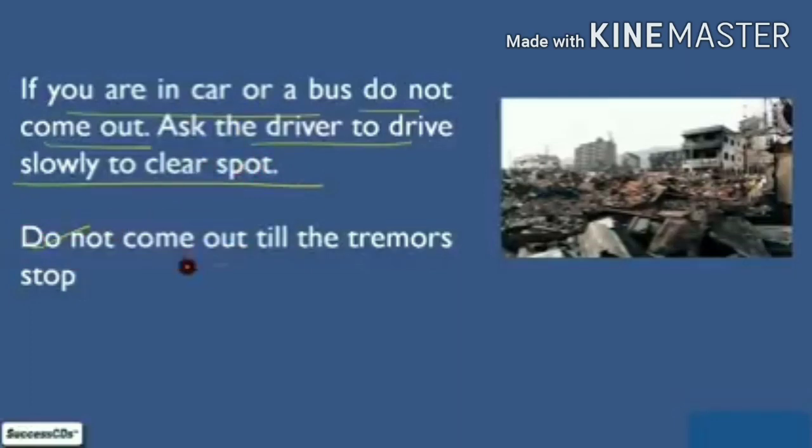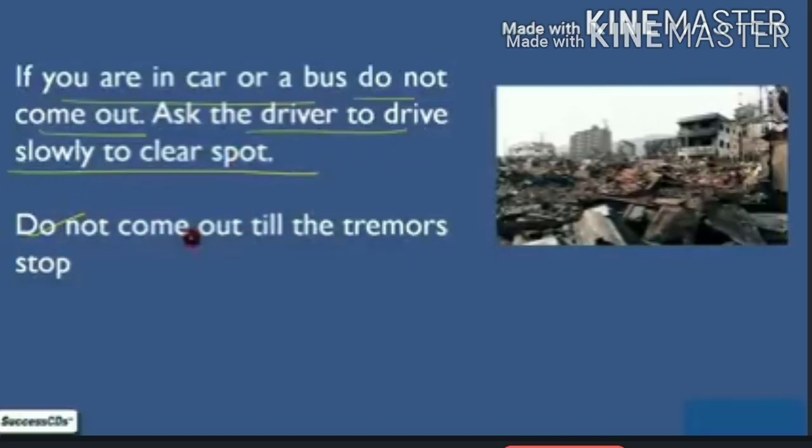Do not come out till the tremors stop. Suppose you are driving, you are inside the car, do not come out. Ask your driver to drive slowly and take the car to a safe place, in the open ground, so that no building can fall on you and your life will be safe.